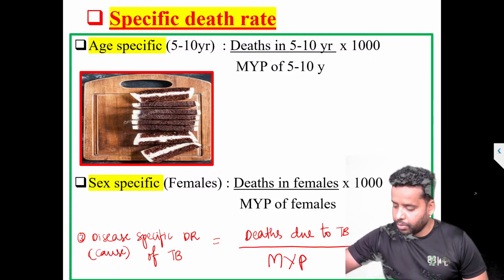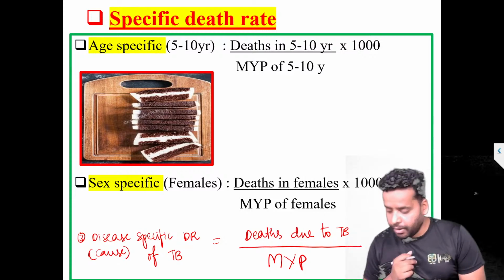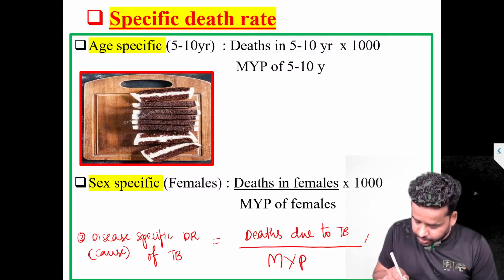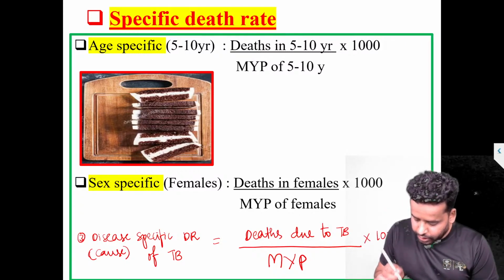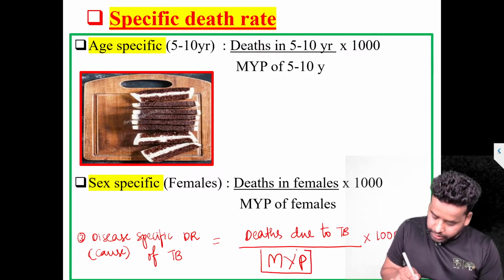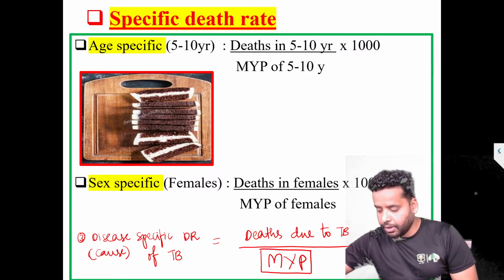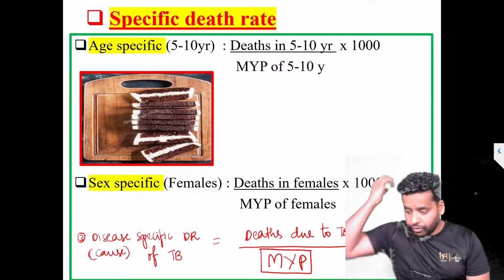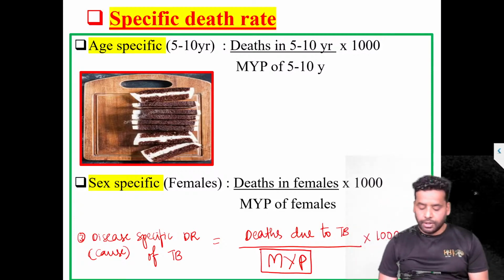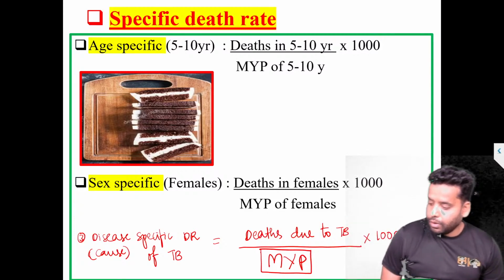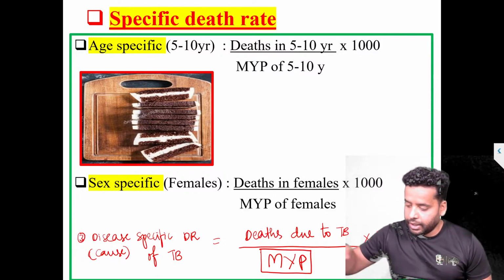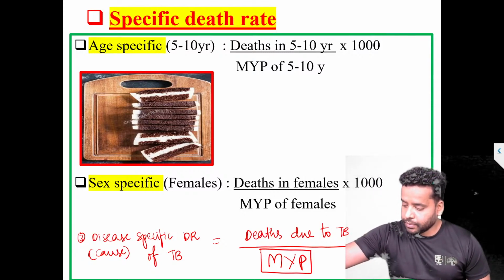Just mid-year population, multiplied by 1000. So what is the denominator of disease specific death rate? Answer my question. Yes, good. Mid-year population.